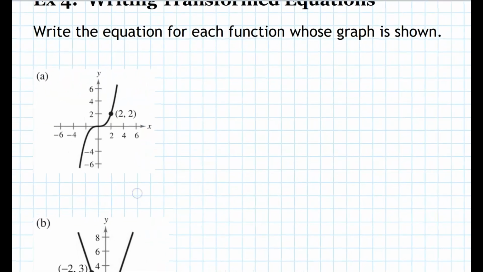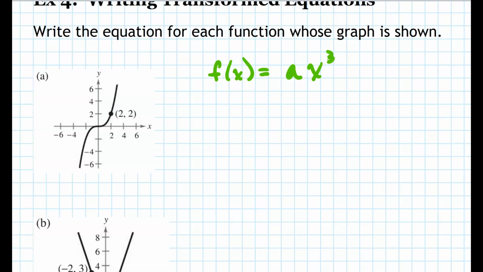I recognize it as a cubic, so I'm going to start this out as f of x is equal to. There is some sort of a stretch or shrink happening to it. I don't know what it is yet, so I'm going to plug in an a in front of it. That's the coefficient that's multiplying it.